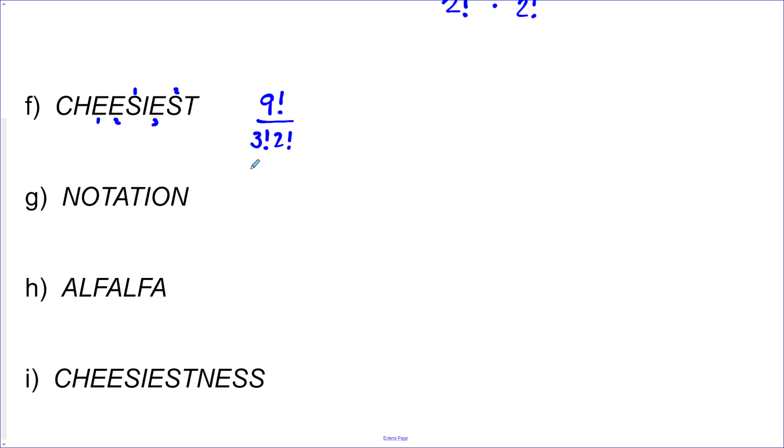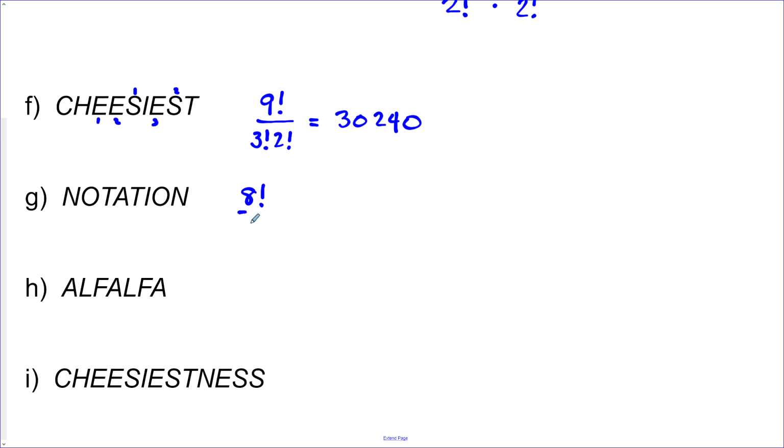So put together, the E's and the S's switching around is 3 factorial times 2 factorial. Now we can multiply that out and we get 30,240.